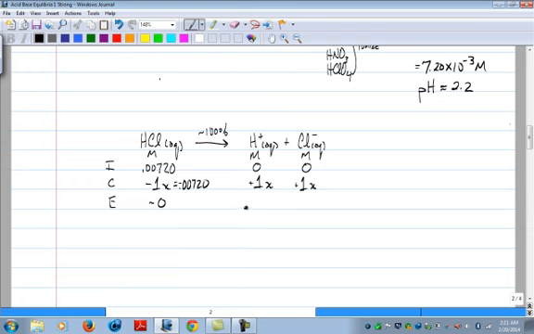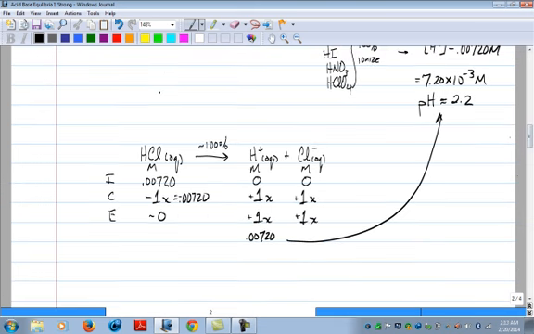So that's going to give us, at equilibrium, exactly what we saw to begin with, 0.00720 molar H plus ion concentration, and that leads right to that calculation.